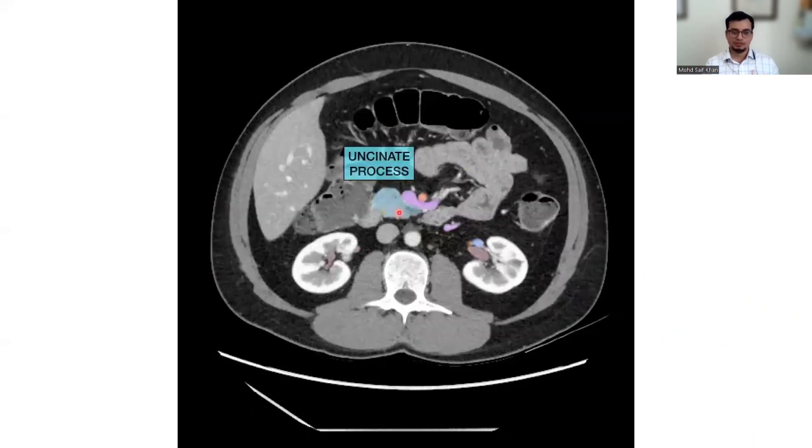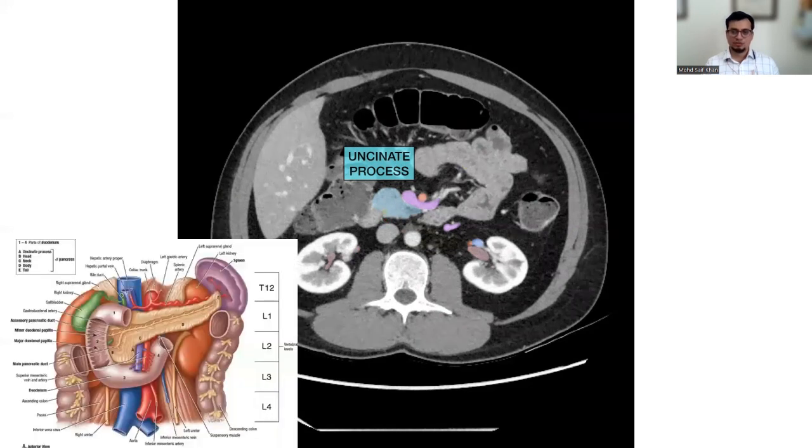Now here itself you can see, just adjacent to the second part of the duodenum, the uncinate process of the pancreas. The uncinate process is a hook-like extension from the lower part of the head of the pancreas. And you can appreciate how the uncinate process, the second part of the duodenum, D2, and the hepatic flexure are related in this diagram.